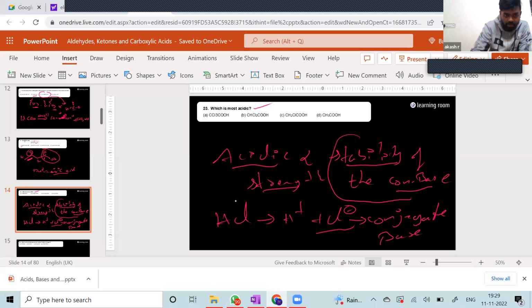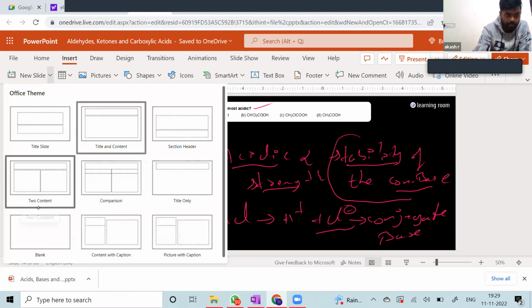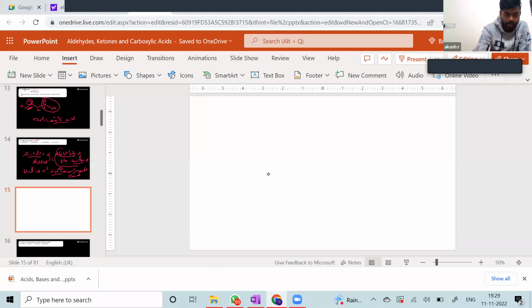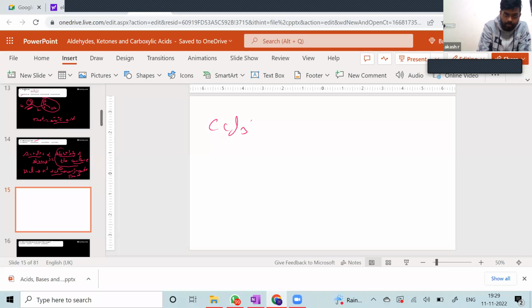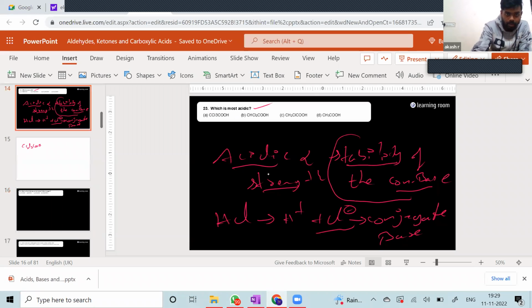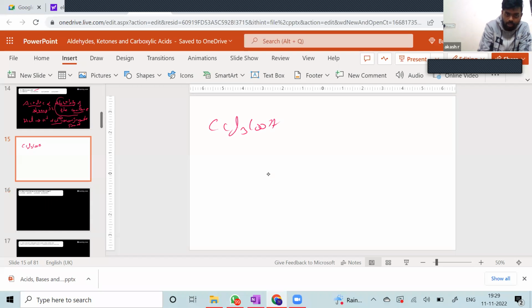Okay. So fine. We'll just make another page and do it. So we have been given CCl3COOH. Then we have been given CHCl2COOH.